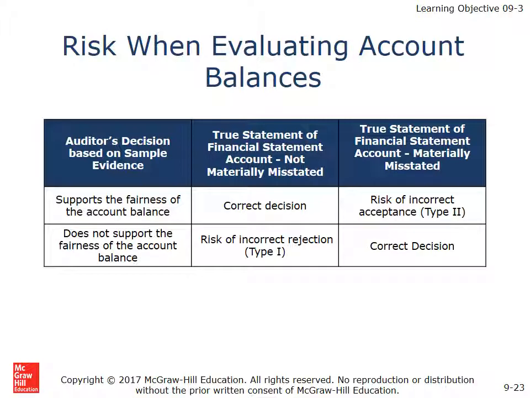So a risk of incorrect acceptance. If instead you come back and say it does not support the fairness of the account balance, then you run the risk of incorrect rejection, saying, okay, we got to do more audit procedures. So that's the risk involved when you're evaluating your account balances based on your sampling.